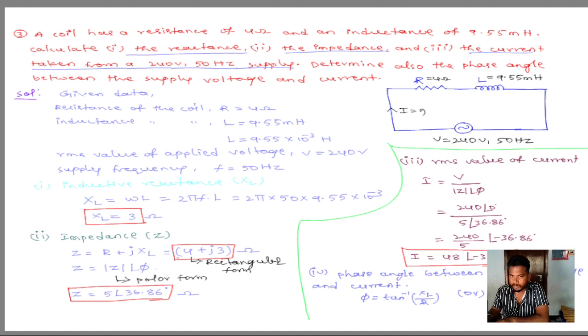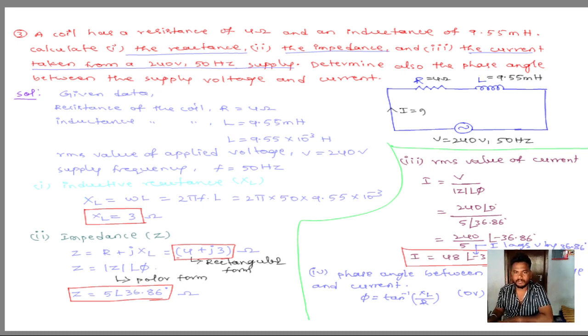And here the minus sign indicates I lags V by 36.86 degrees.